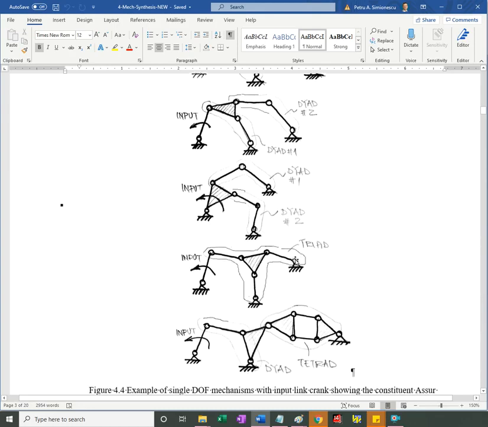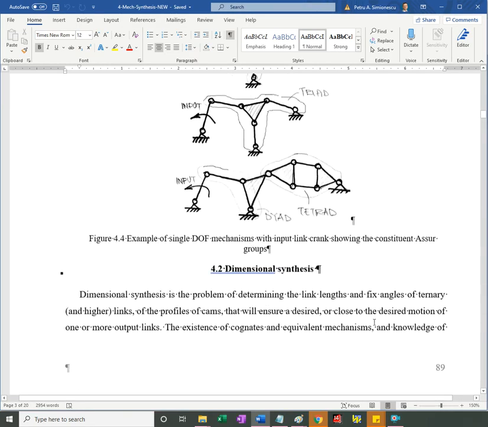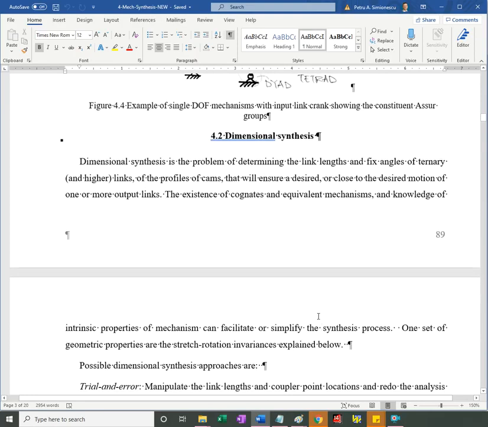This is where it's triad, again the crank, the original simple mechanism that we amplified with triad, and it was a dyad and a tetrade. Okay, for dimensional synthesis, so talking linkages here, mainly.